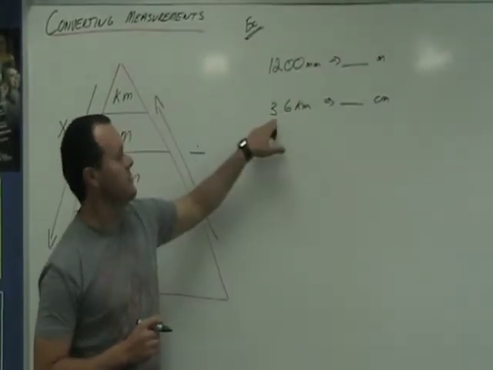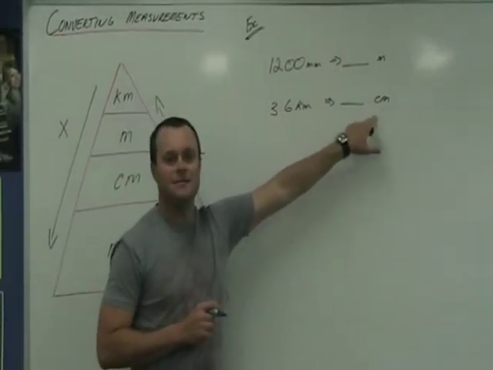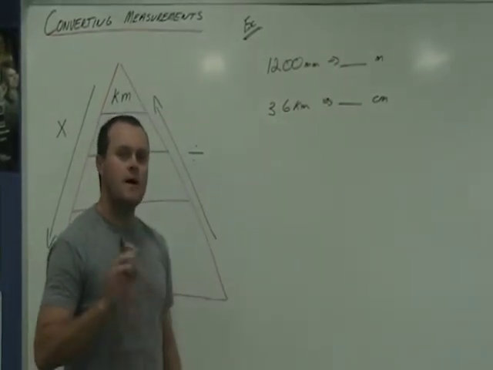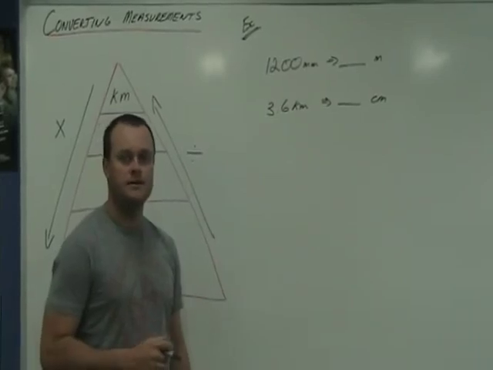And the second one: 3.6 kilometres is how many centimetres? That one's a little bit trickier, but I'm sure you can do it. Go away, have a go at them, come back after the break and we'll go through those answers.